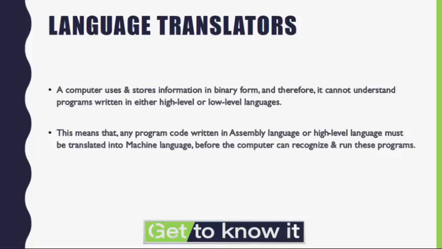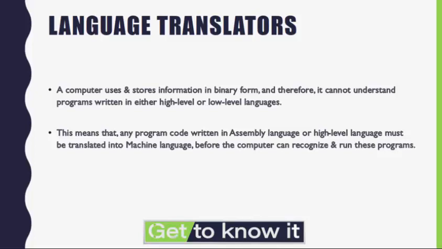Now, let's look at language translators, now that we have discussed these terms a little bit. A computer uses and stores information in binary form, and therefore it cannot understand programs written in either high-level or low-level languages.